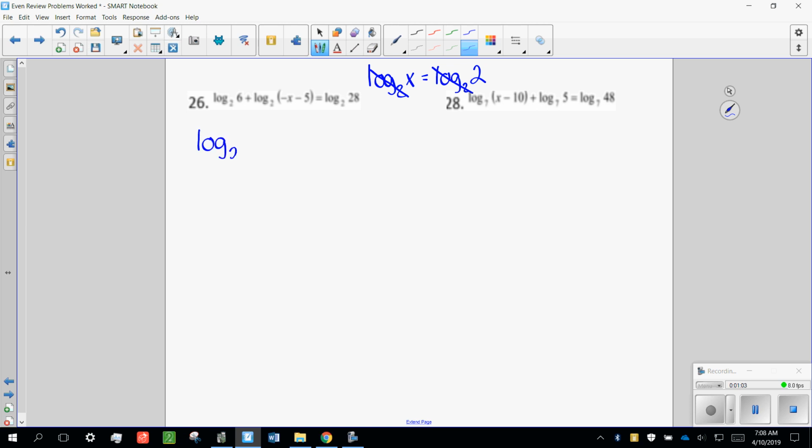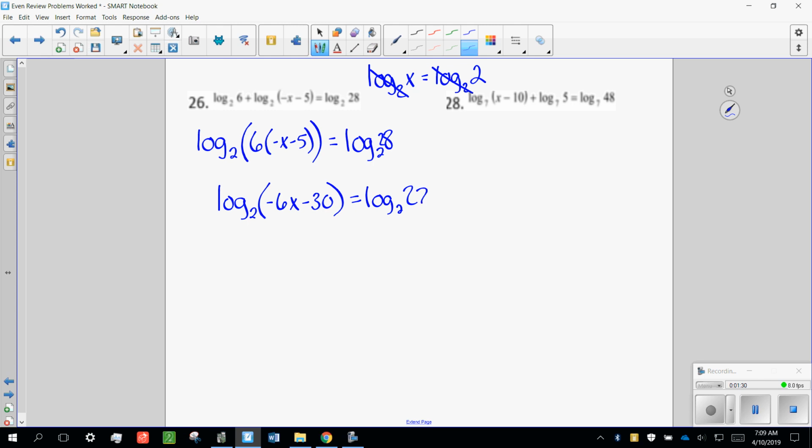The product property says that if we are adding 2 logs, we can turn them into 1 log where we multiply the arguments together. That's 2 sets of parentheses, so it looks kind of crazy, but all it's really saying is we've got log base 2 of negative 6x minus 30, and that has to equal log base 2 of 28.